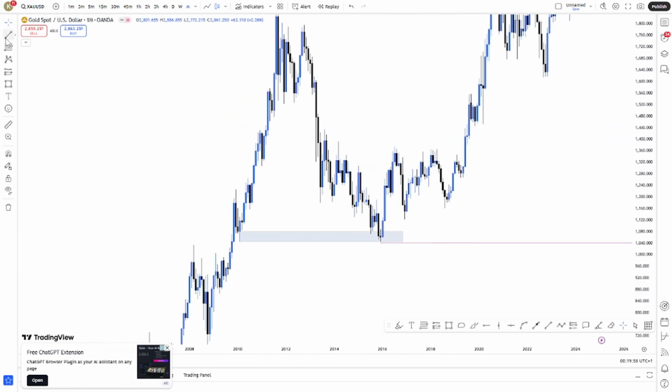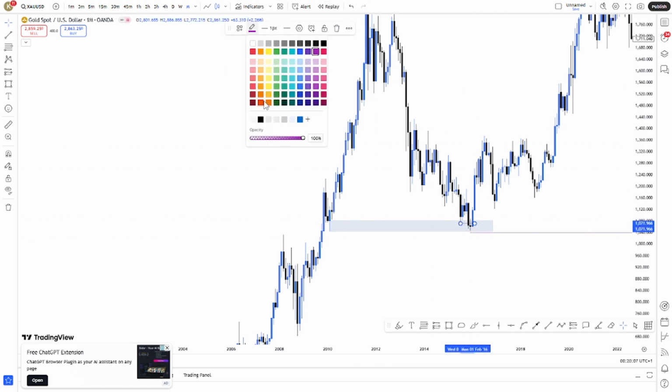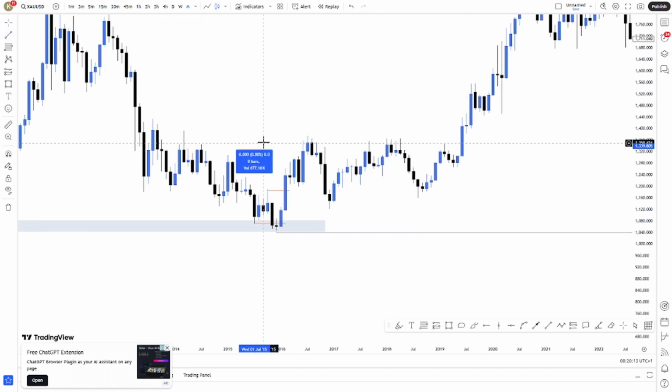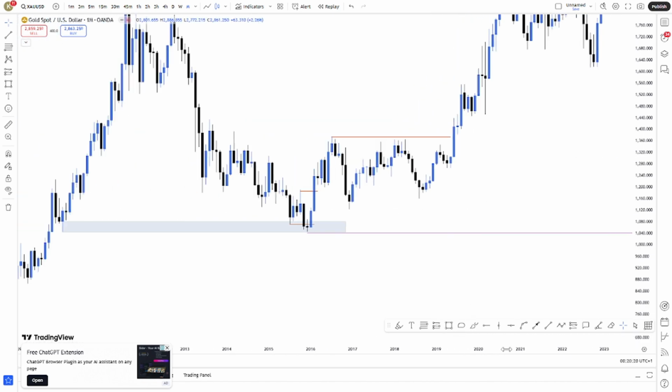So from there we can start marking our internal structures, right? And we mark that with the color yellow. We have yellow here, then we have yellow here. Did you see that, right?